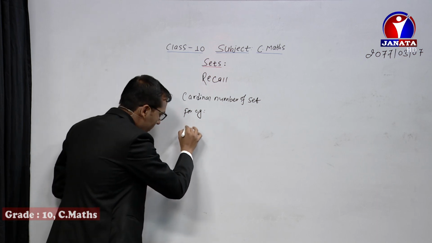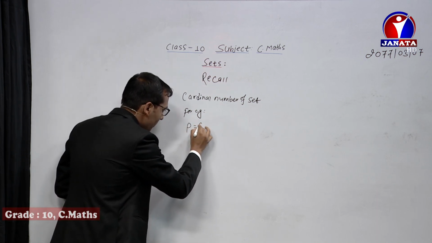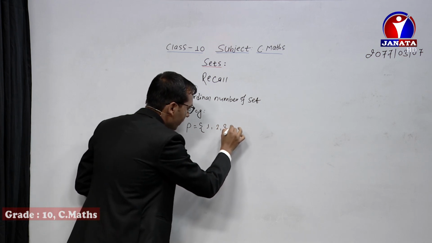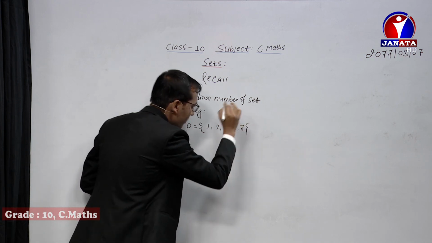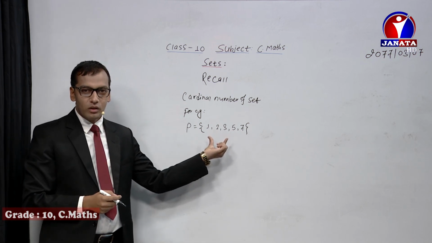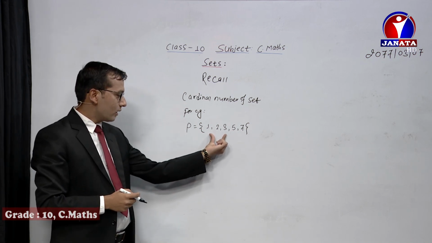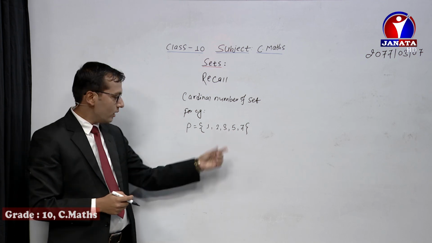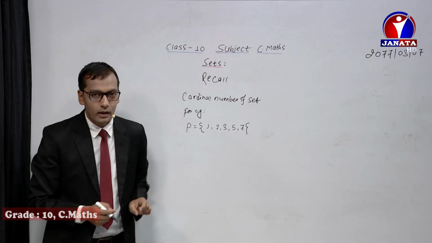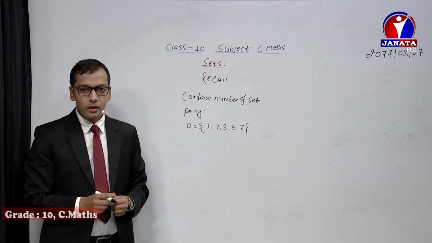For example, suppose the set is P, and the elements are 1, 2, 3, 5 and 7. Let's count how many elements are contained in set P. So there are 1, 2, 3, 4, 5 elements contained by set P.